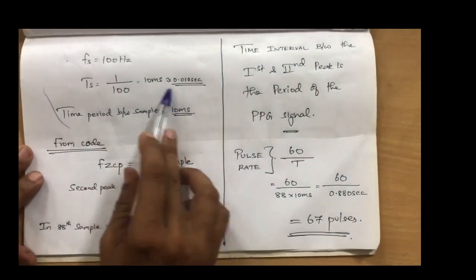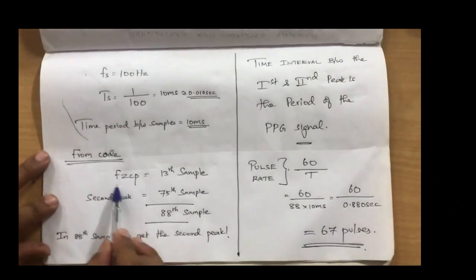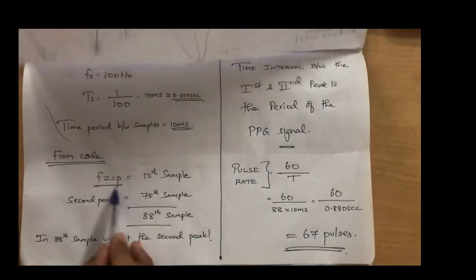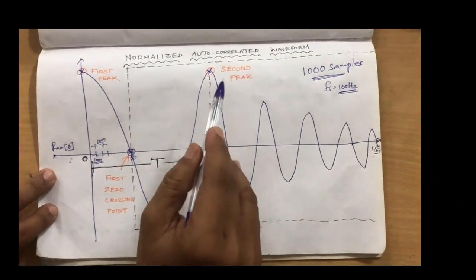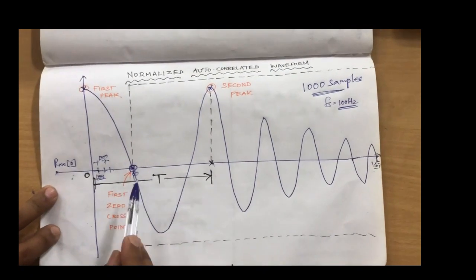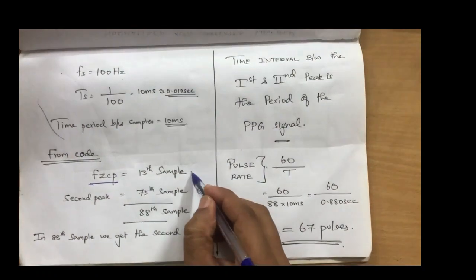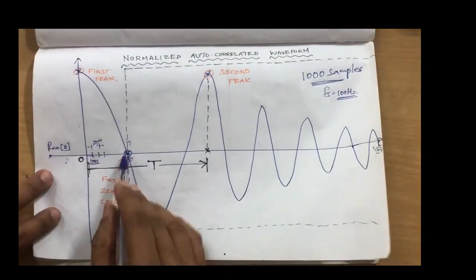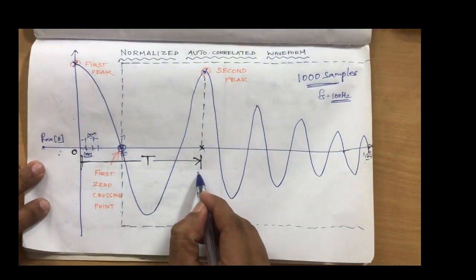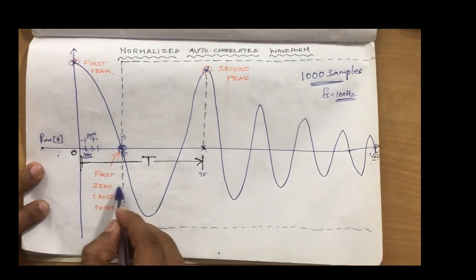After this, we find the first zero crossing point. With respect to our sample signal, the first zero crossing point occurs at the 13th sample, and the second peak occurs at the 75th sample from there.